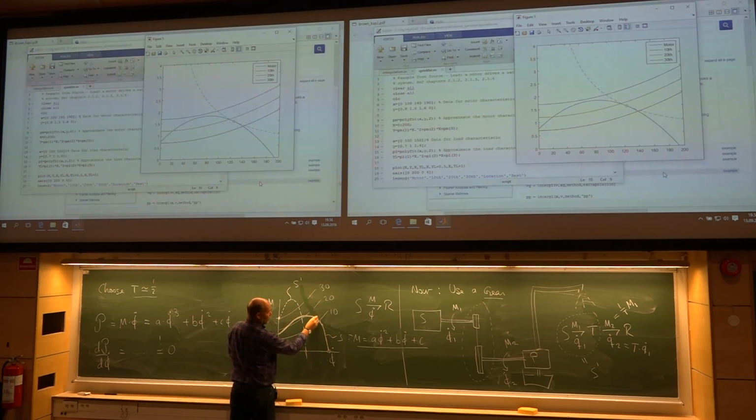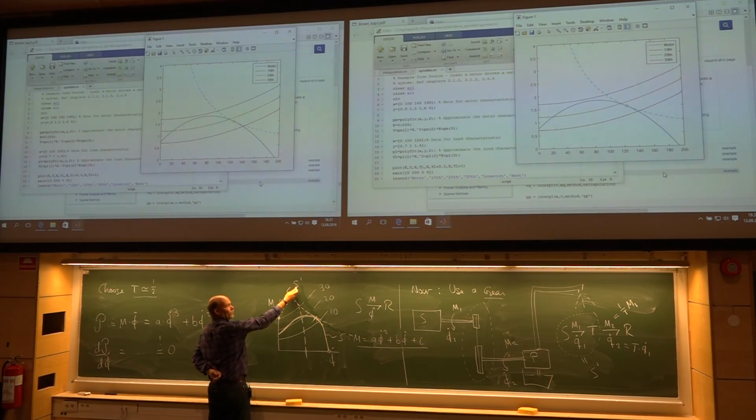The maximum power here must hit maximum power here. So it must be a curve going something like that. Remember, any point here on this original S curve has a corresponding point on this S marked curve. And they have the same power, so they belong to the same power curve.